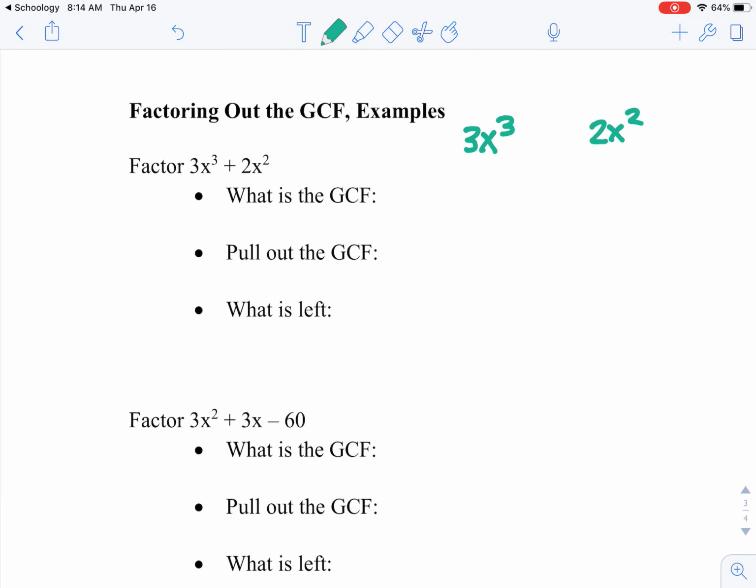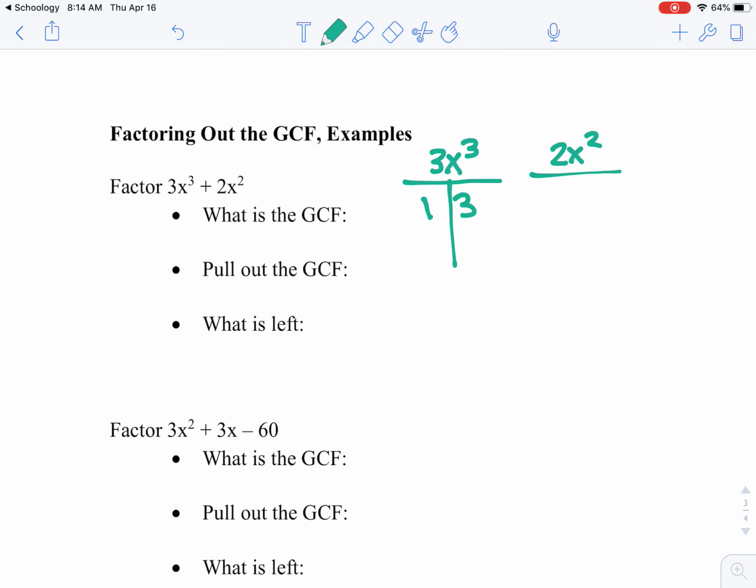So in terms of my numbers, both of these are prime numbers. So my GCF is just the number 1. And then I have 3 x's and 2 x's. So 2 x's. So that means my GCF is going to be x squared.